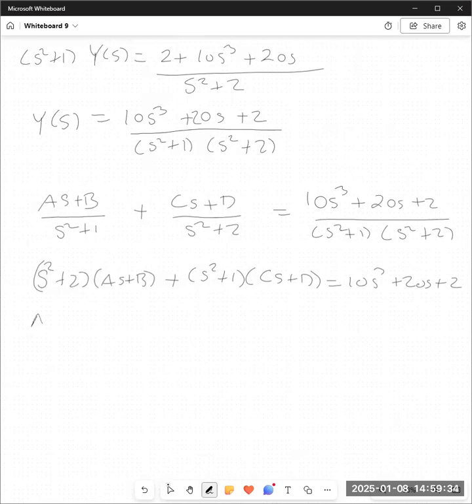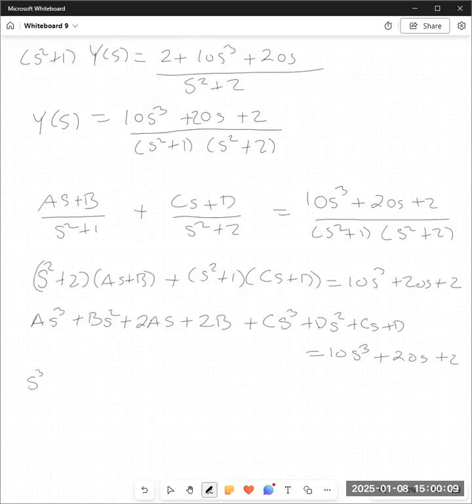This is as cubed plus bs squared plus 2as plus 2b plus cs cubed plus ds squared plus cs plus d is equal to 10s cubed plus 20s plus 2.